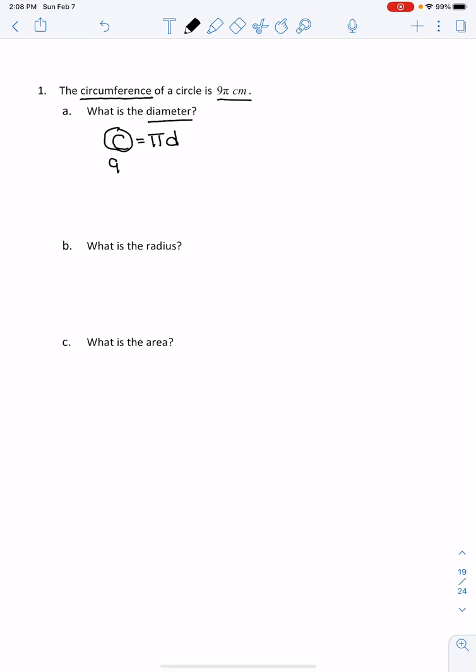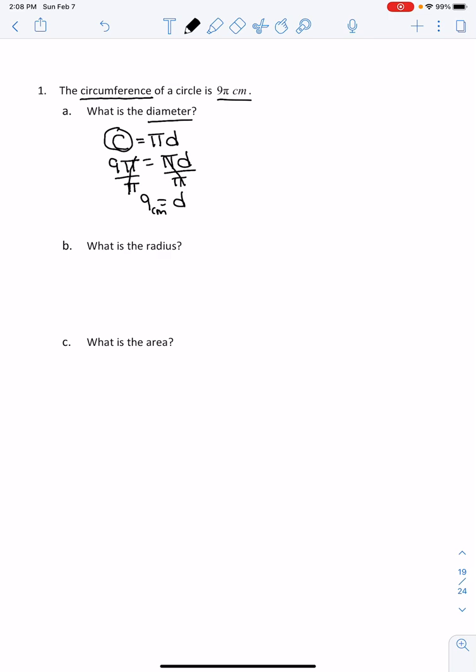So we say 9 pi equals pi d. Divide both sides by pi. We are actually solving for d. So we have d equals 9 centimeters.